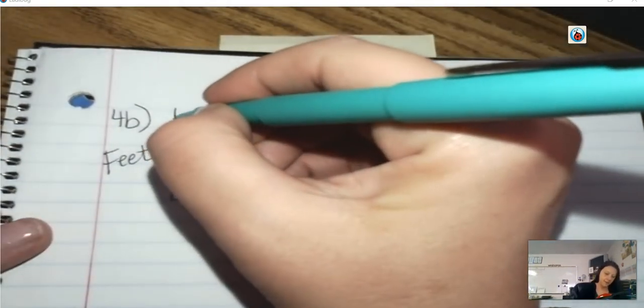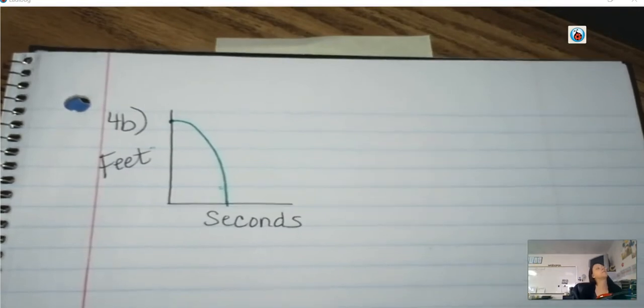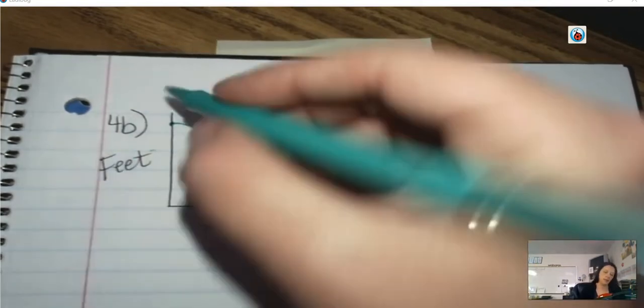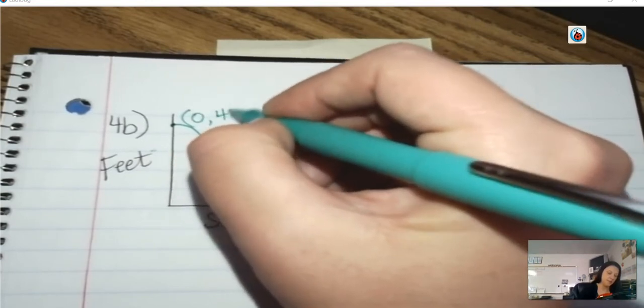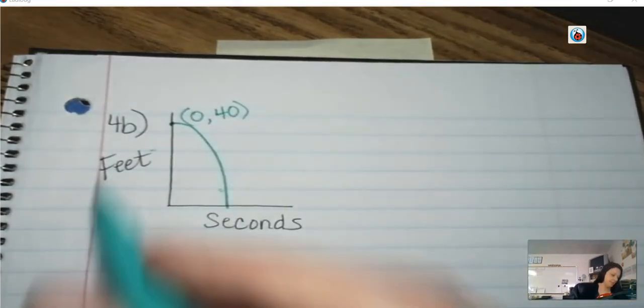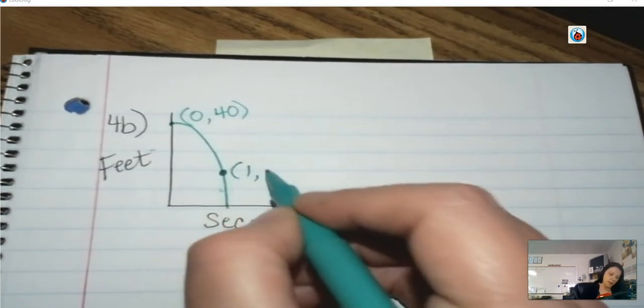And the graph starts up here and kind of comes down like that. Up here at the y-axis, the y-intercept is at 0, 40. And then we'll have a point, maybe about right here, that's at 1, 24.